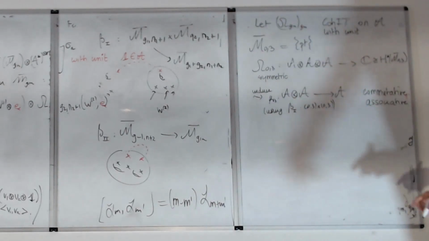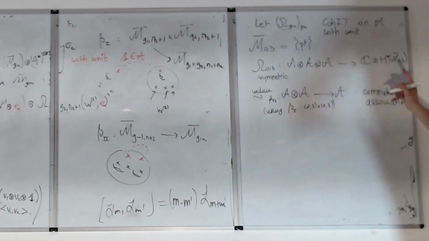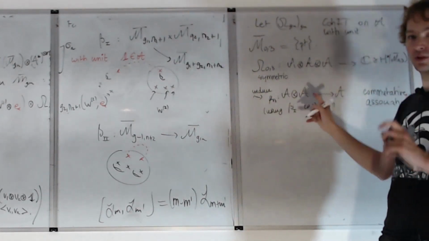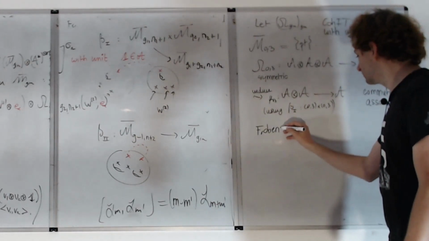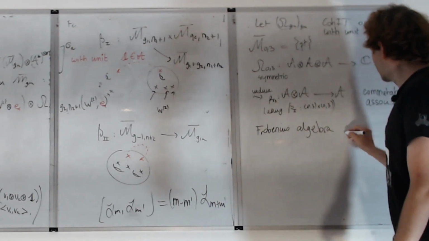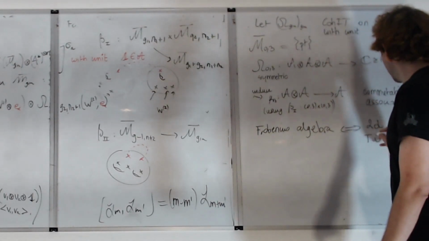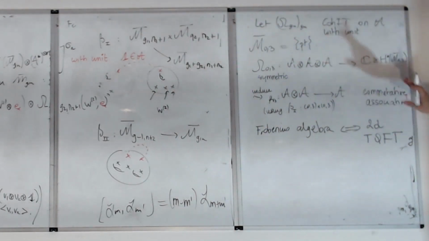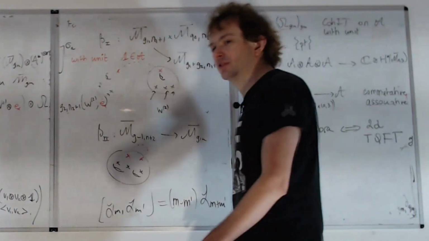Good. So you have a commutative associative product and this pairing, and the two are compatible in the sense that Omega_{0,3} is represented in this way. So this is called the Frobenius algebra. And this is equivalent to the data of a two-dimensional topological quantum field theory. I won't define exactly what this is. You may already have heard about it.